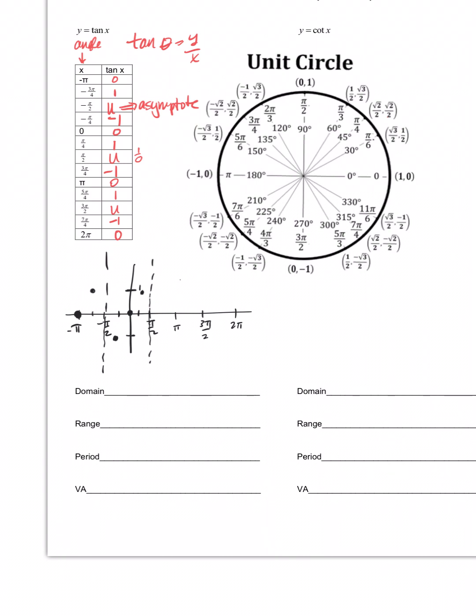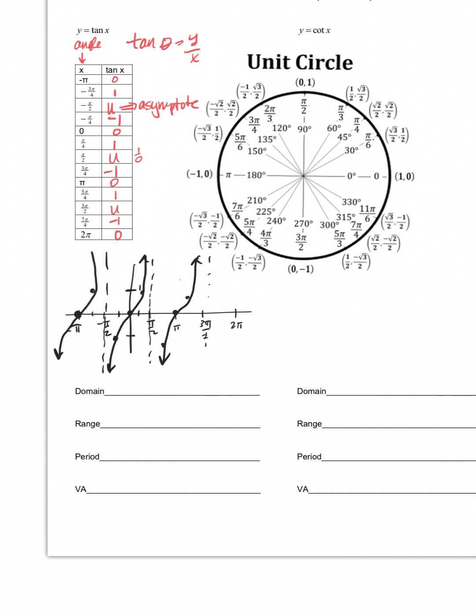All right, and if I continue on with my pattern, another asymptote. So if I start connecting the dots here, I start getting these curves.